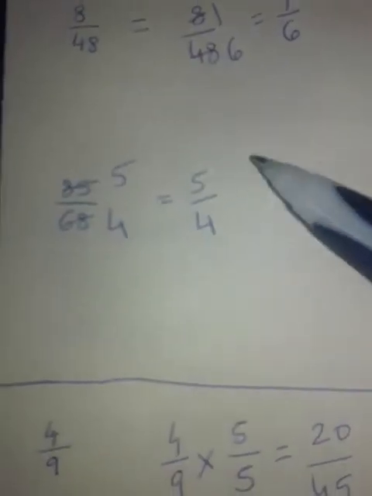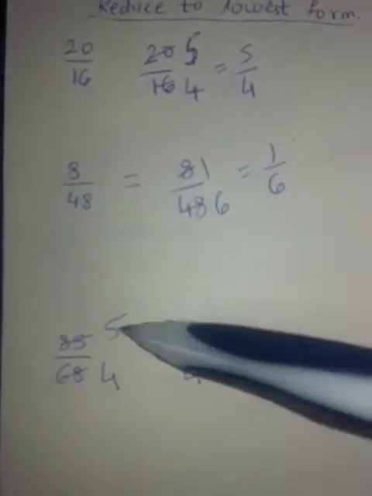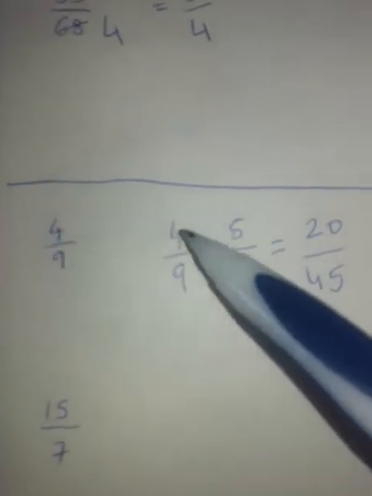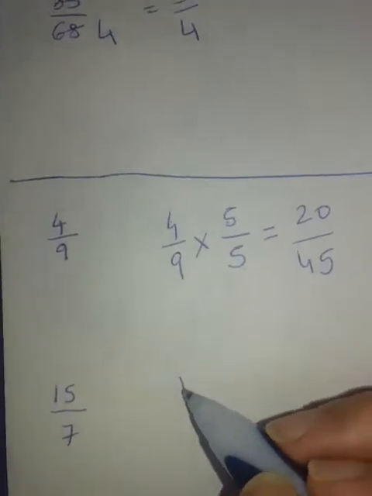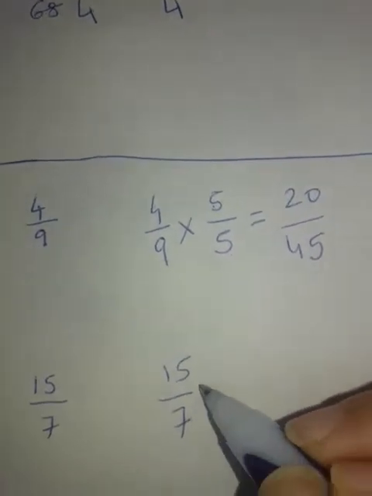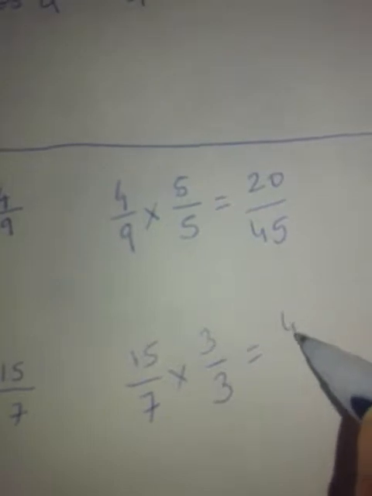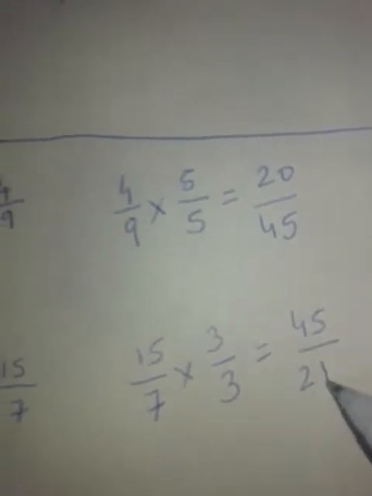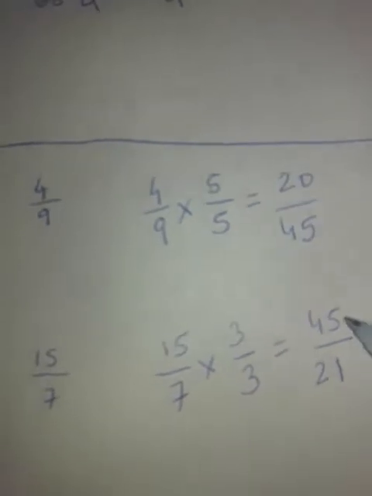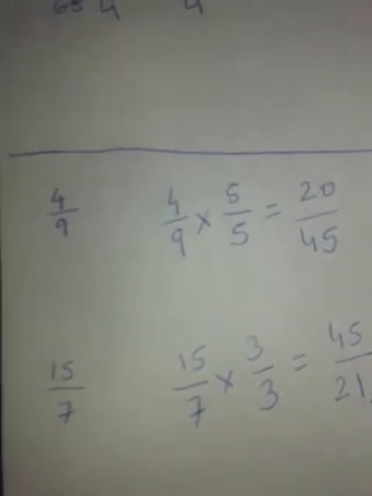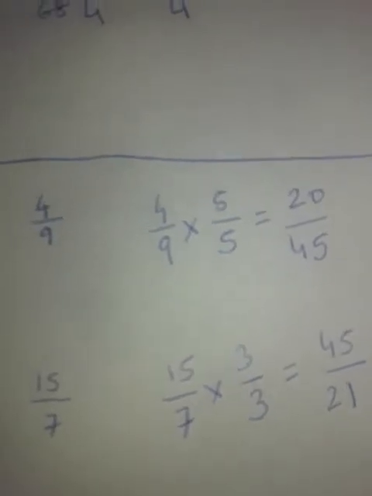Same as before, where we divided numerator and denominator by the same number; here we are multiplying numerator and denominator by the same number. 15 upon 7. What if I multiply it by 3 upon 3? It becomes 45 by 21. So the value of 15 upon 7 is the same as 45 upon 21. I'm sure you all remember this, but it was just a quick revision.